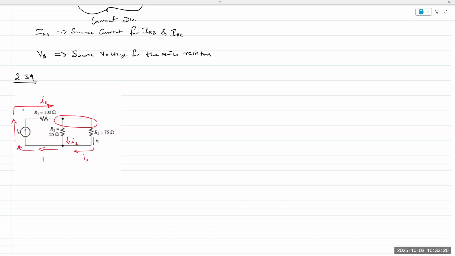So this again becomes IS. No matter how many resistors or components we have in series with that current source, up until the point where you have a node that separates out, it will always remain that same current.